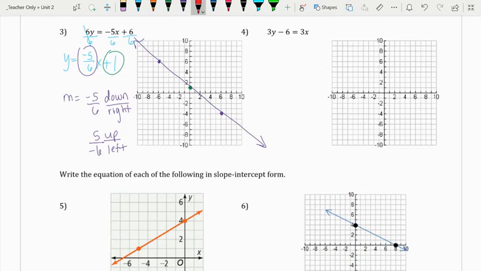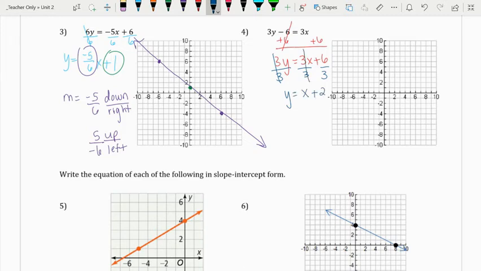On number 4, not only are we going to have to divide, we also need to move the x term over. With slope-intercept form, you always have to get y by itself before you graph it. Then we would divide each term by 3, and you're left with y equals x, right, because they cancel, plus 2.